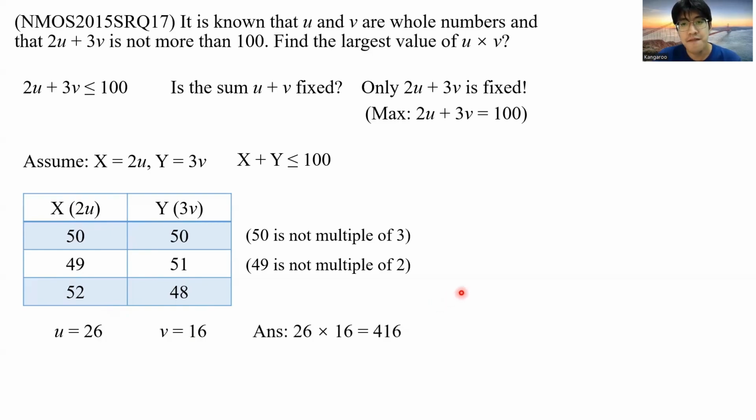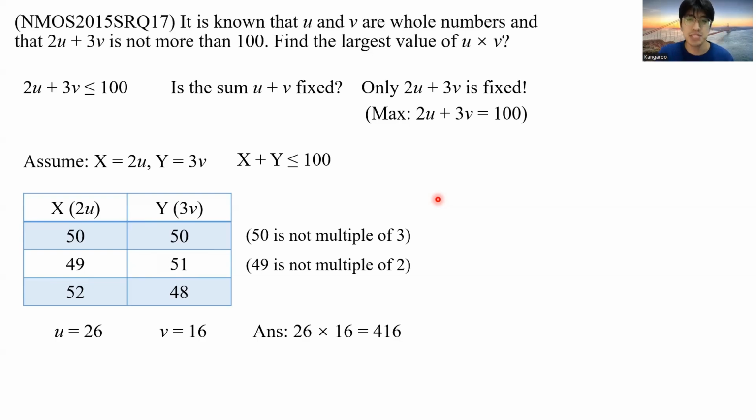To quickly wrap up this question, we have learned that in order to maximize the product of two numbers, we need to minimize the difference. And there's a precondition: the sum of these two numbers must be fixed.